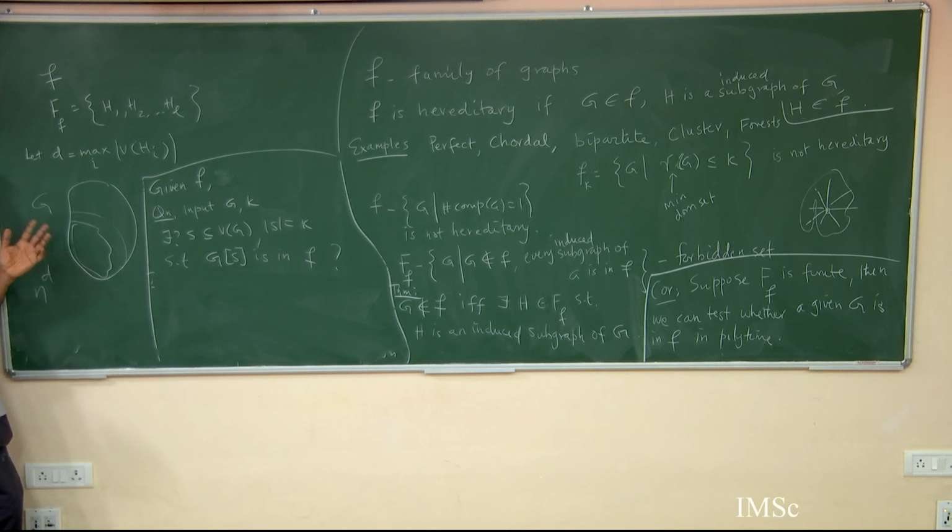And you can take your F and say, is there a cluster graph of size k? Is there a forest? Are there k vertices that induce a forest? That's another interesting set of questions in the parameterized world, for which there is a very nice dichotomy theorem.